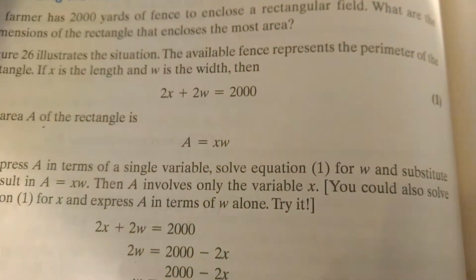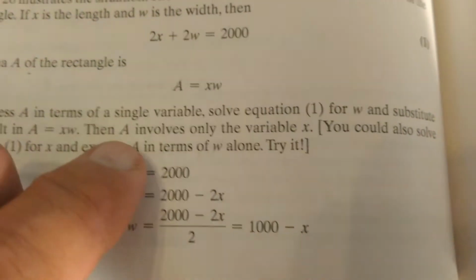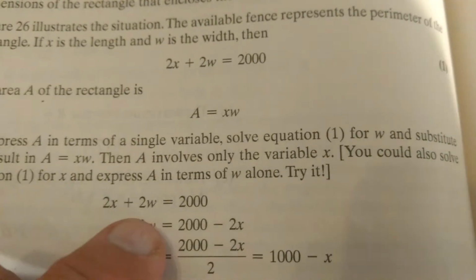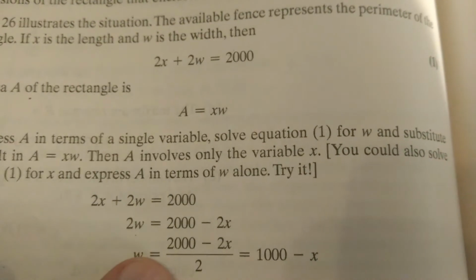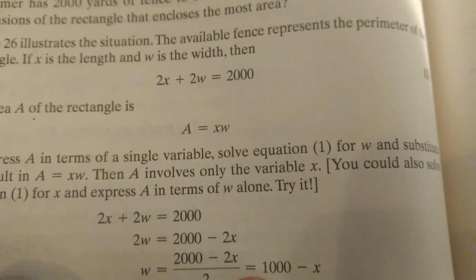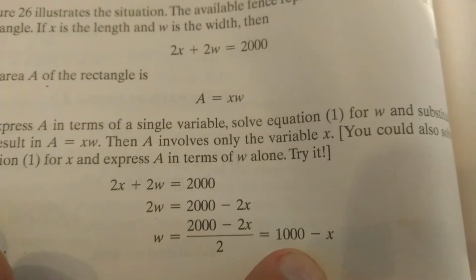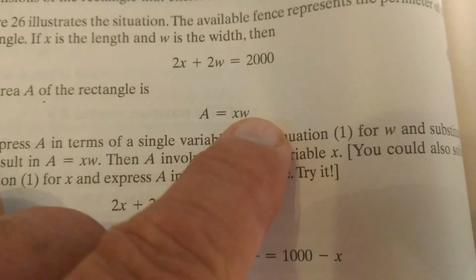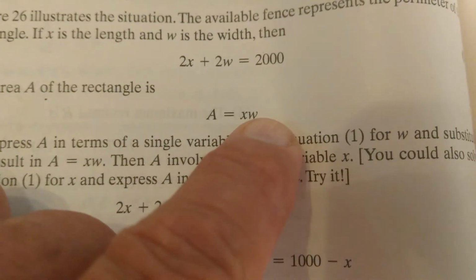So now what happens is that we're going to take the perimeter equation. We're going to subtract the 2x over, then divide by 2, and we get width is equal to 1,000 minus x. So we take 1,000 minus x and substitute it into W for area, because remember, we're looking for the maximum area.